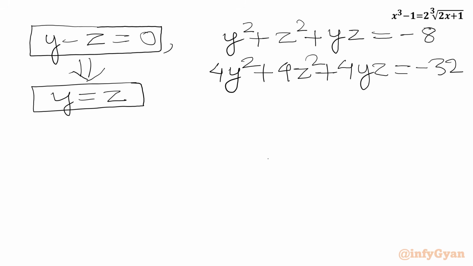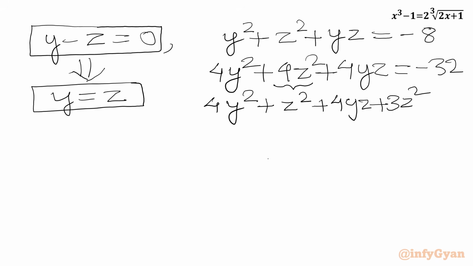Now we will split 4z square. So we will write 4y square. Let's split z square plus 3z square. So we will write z square over here, and then we will write 3z square over here. Then we have 4yz, and in RHS minus 32.